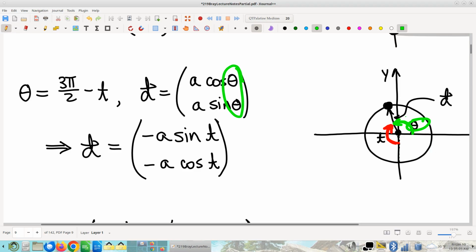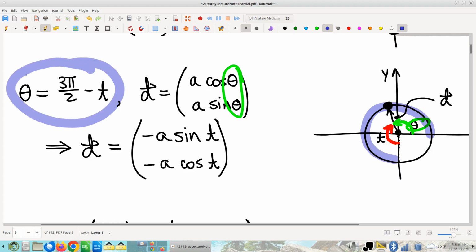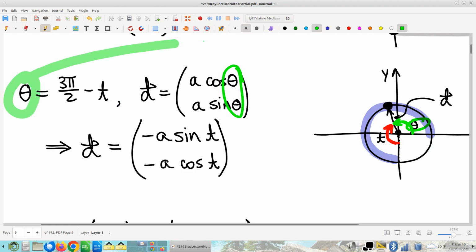And all together, those angles add up to 3 pi over 2. And so therefore, I can solve for theta in terms of t. And having solved for theta in terms of t, I used green for theta. Plug in that formula for theta into there.